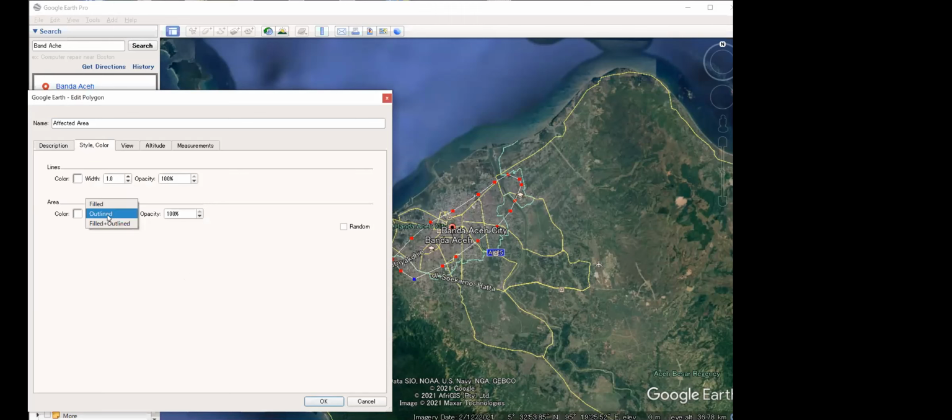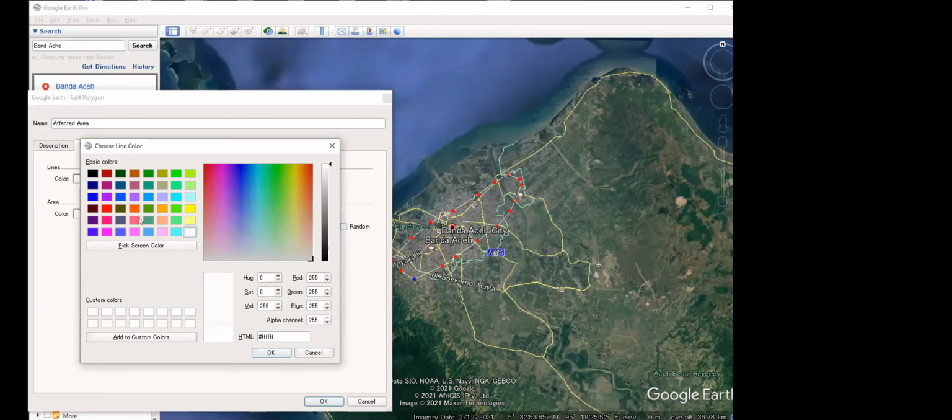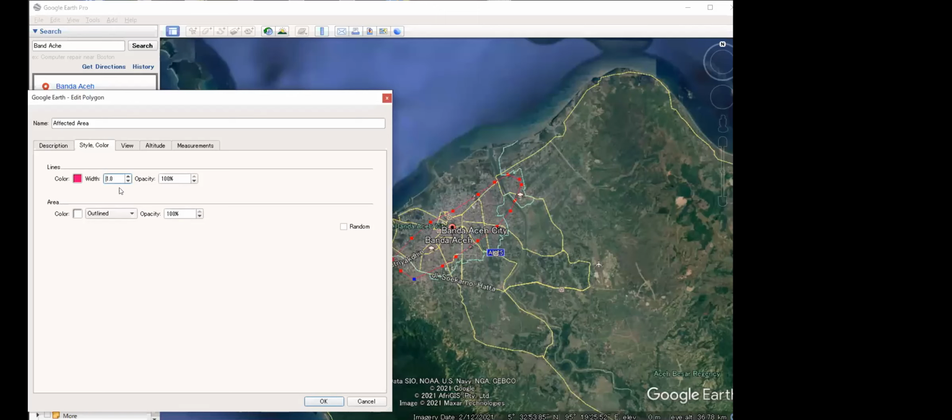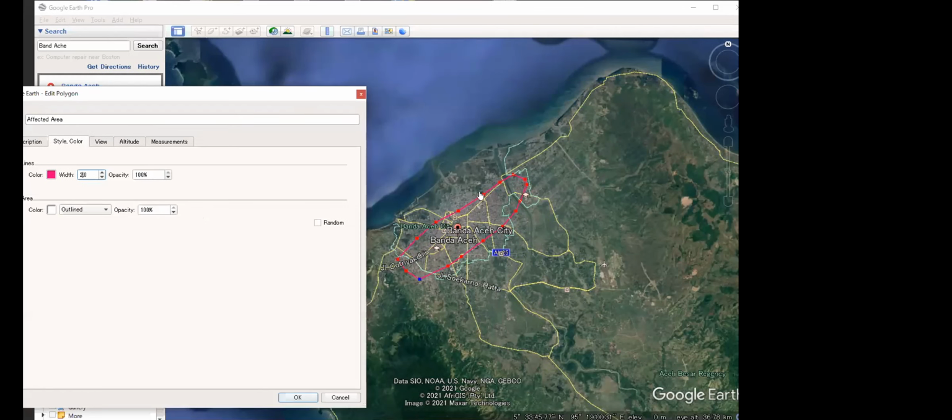So if you choose outline and line color, and width of line, maybe you can find the modified polygon.